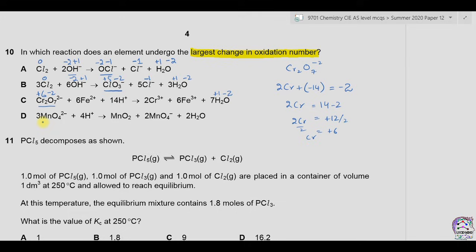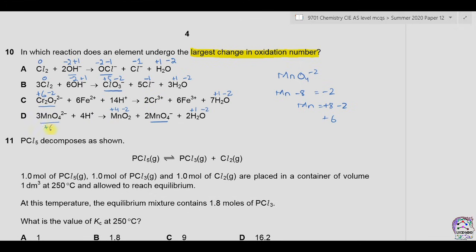Now part D, we have MnO4 2-, H is +1, MnO2. In MnO2, Mn is +4, oxygen is -2. In water, hydrogen is +1, oxygen is -2. Now in MnO4 2-, we have 4 oxygen atoms. So the oxidation state of manganese is +6.